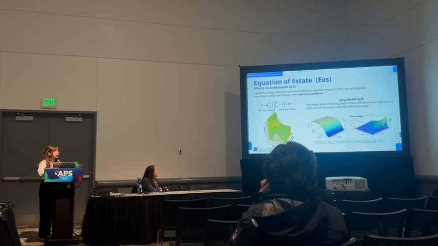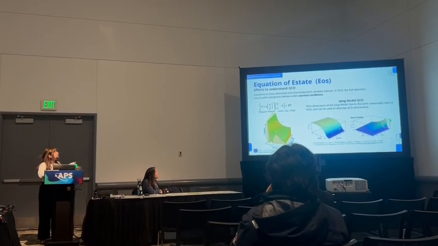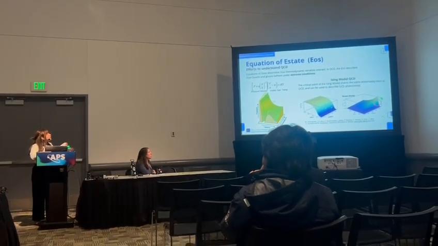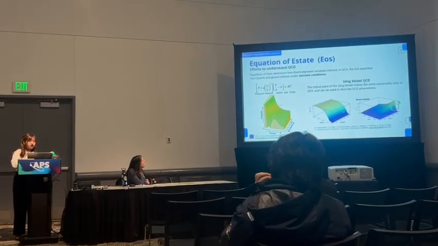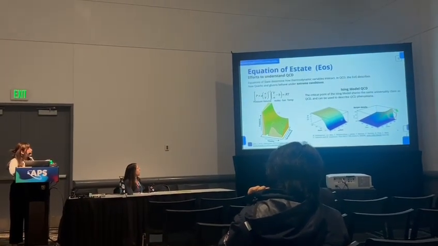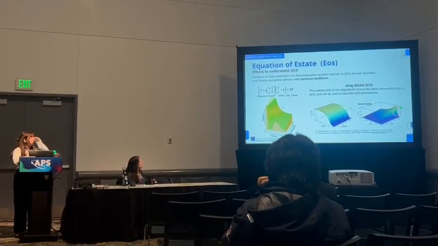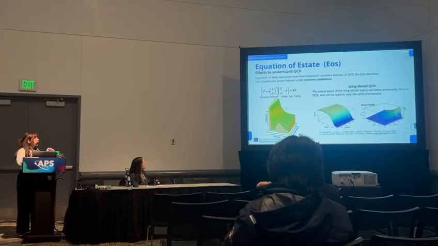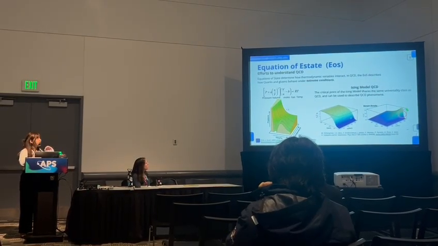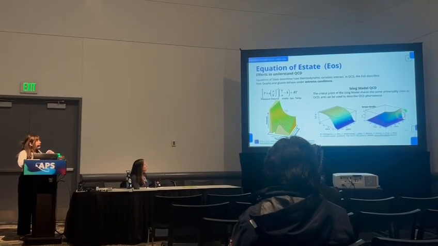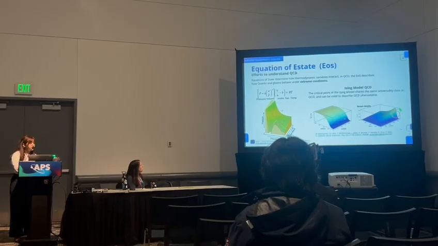Here we can find where the critical point is, and also see that there are a lot of perturbations. One of the characteristics of the critical point is that we have perturbations in the susceptibilities around the critical point.